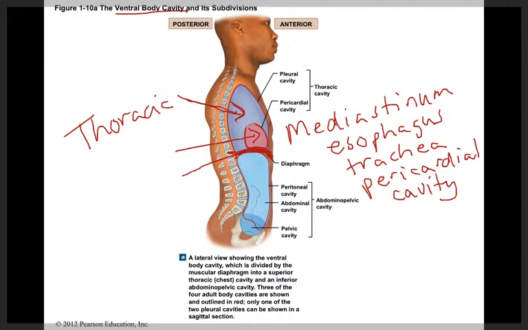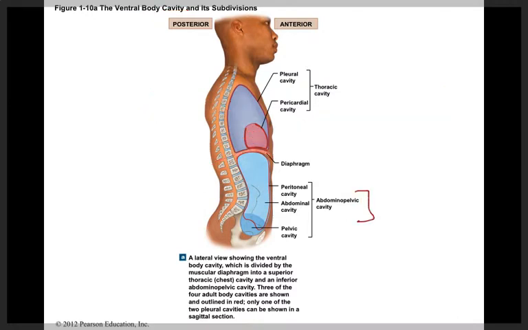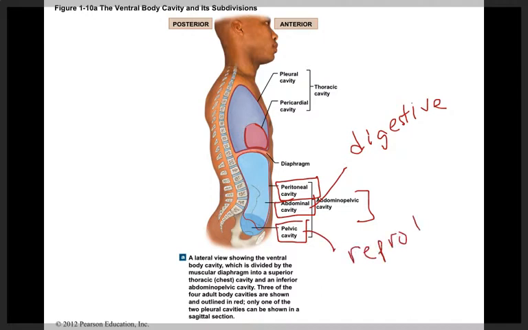Below the diaphragm we have the abdominal pelvic cavity, and the abdominal pelvic cavity contains both the peritoneal cavity, the abdominal cavity, and the pelvic cavity. The abdominal cavity is going to contain digestive organs and glands to help with digestion, and the pelvic cavity is going to contain many of the reproductive and urinary system organs.